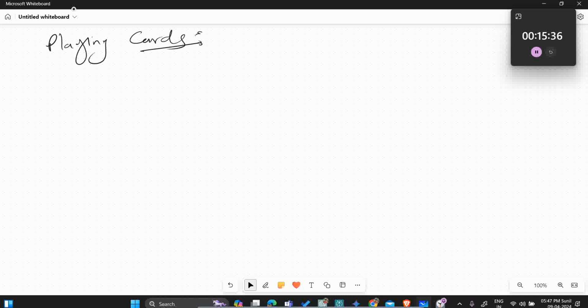In playing cards, we have 52 cards in a deck. Right. So let's see some example here. From 52 cards, how many number of ways to draw two kings.